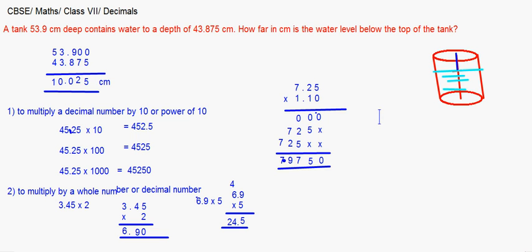I have suppose 0.896 to be multiplied to 0.5. When I'm multiplying it by that many, I have to put up those 2 zeros.